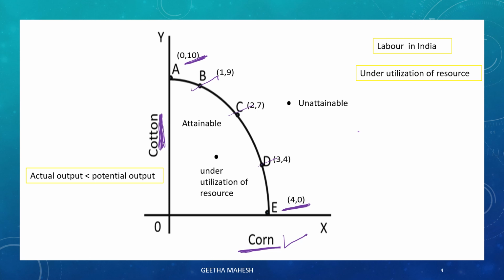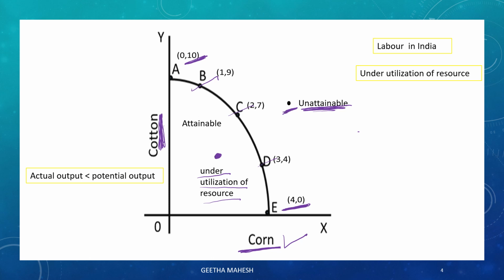If any combination lies inside the production possibility curve, it means that resources are either underutilized or used in a wasteful manner. If any combination lies outside the production possibility curve, then it is called an unattainable combination, because resources are not enough to produce that combination of goods and services.